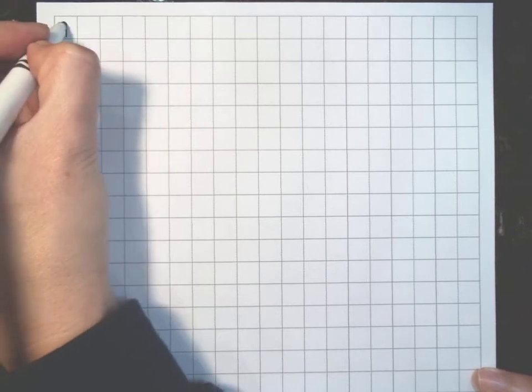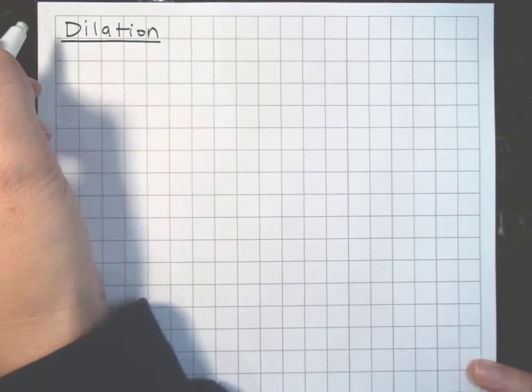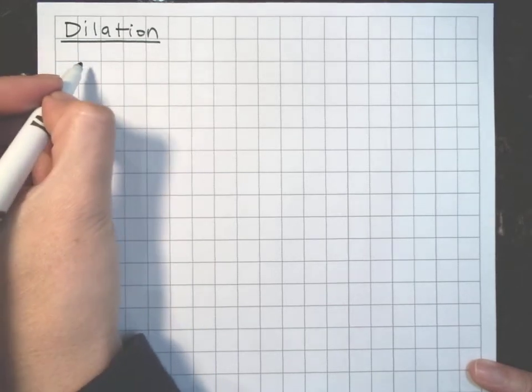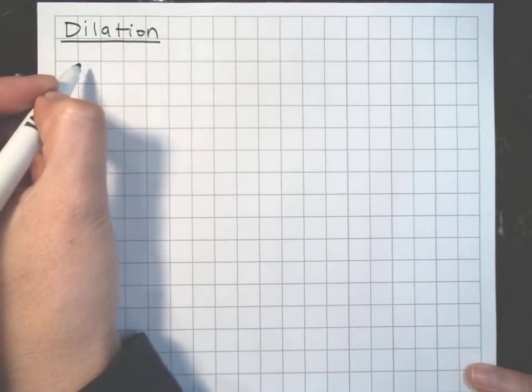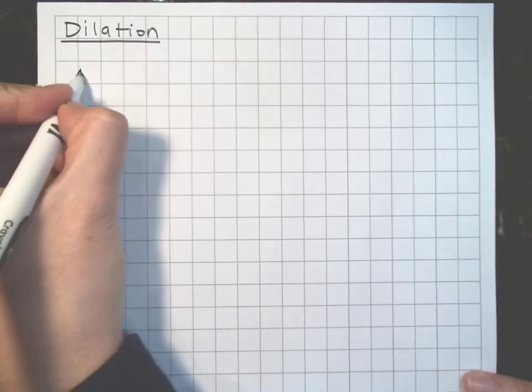Hi, today we are going to be talking about dilations. And a dilation is a transformation that produces an image that is the same shape but a different size.